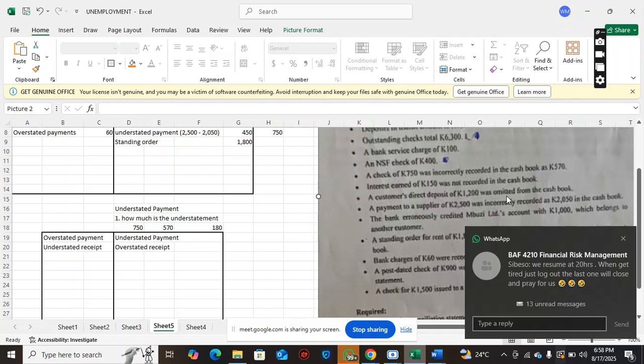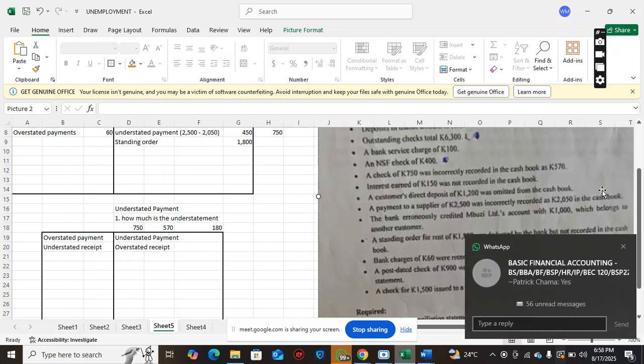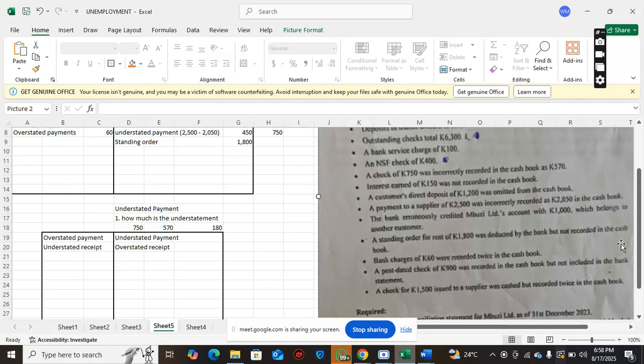Then we've got this one now. A check for 1,500 issued to a supplier was cashed but recorded twice in the cash book. Understated, overstated. Overstated payment, right?